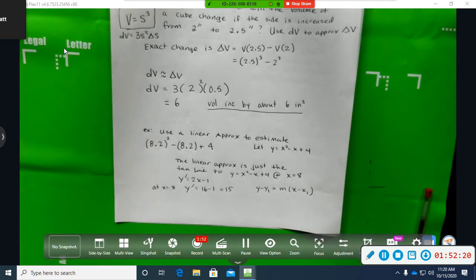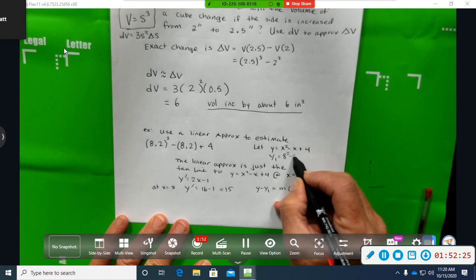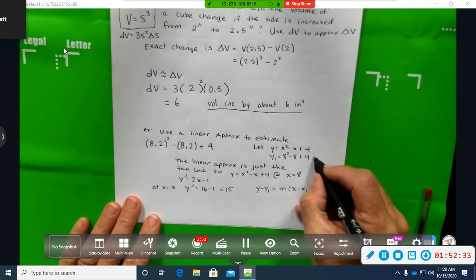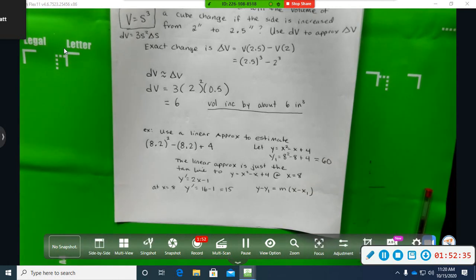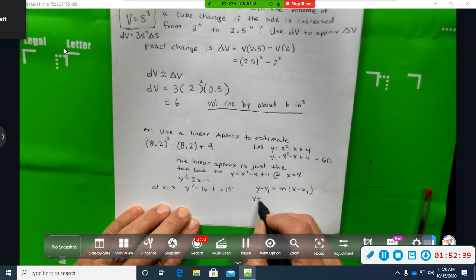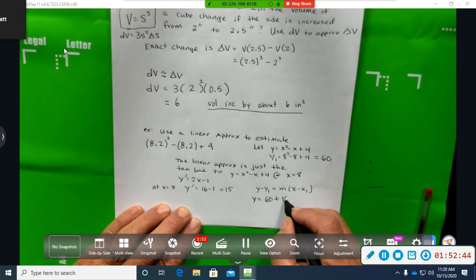We need y1, so we need to go back up here and put 8 in. 8 squared minus 8 plus 4. 8 squared is 64. 64 plus 4 is 68. Minus 8 is 60. So that's the y1. And so if I move the y1 over, I have y is equal to 60 plus 15 times x minus 8.